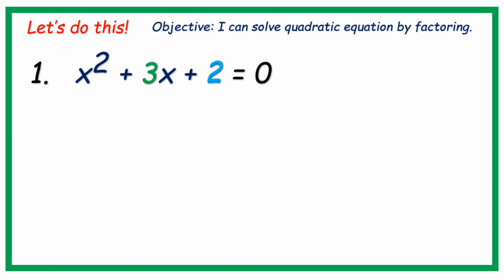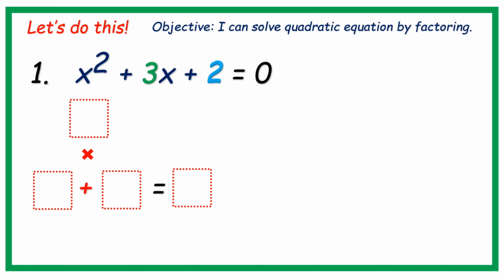We are going to focus on the middle term and the last term. First, we need this guide. This guide will help us picture how we're going to solve this tricky equation.